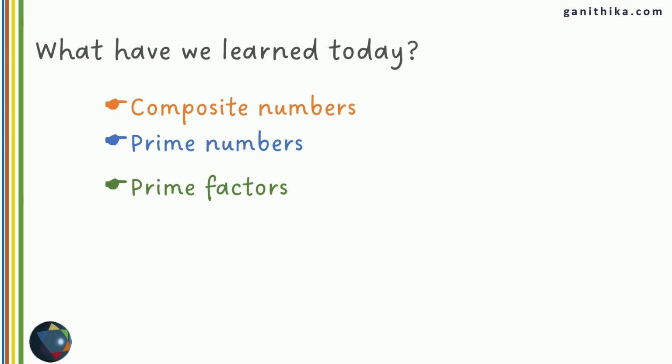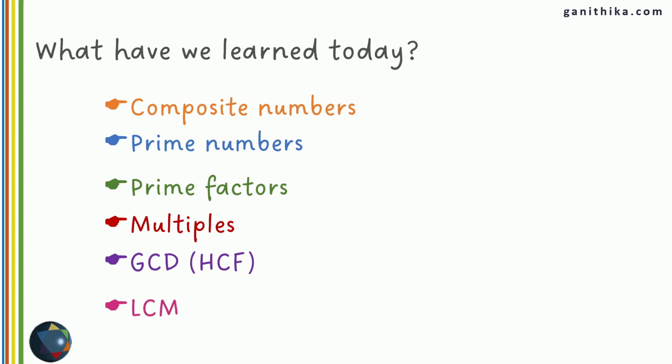Prime factors: you can write a number as a product of prime factors, which is called prime factorization. Multiples: when you take a number times 1, the number times 2, times 3, times 4 and so on, they are called multiples. You can find the highest common factor or greatest common divisor of two numbers, and you found the least common multiple of two numbers. So this is what we have learned in this video.